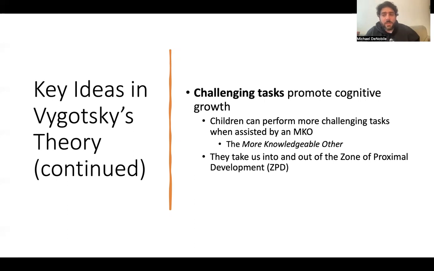So, for example, a child may test at a 4th grade level, but that test was done independently. The child did it on their own. What the test does not show is what if the child had prompting and help from a more knowledgeable other? Might they have tested at a higher level if they were prompted and given scaffolds to see where it'd be?